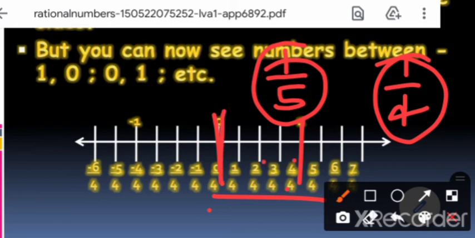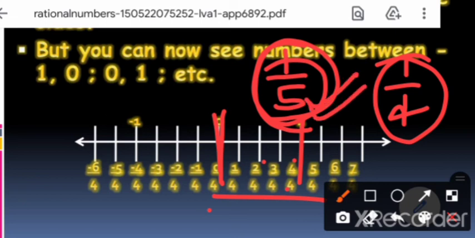But if the denominator is 5, as in 1/5, we divide 0 to 1 into 5 equal parts: 1/5, 2/5, 3/5, 4/5 and 5/5.